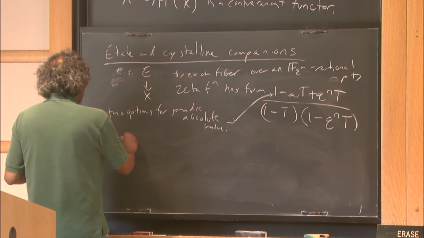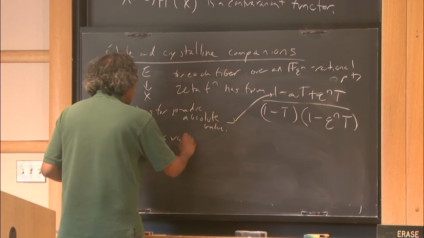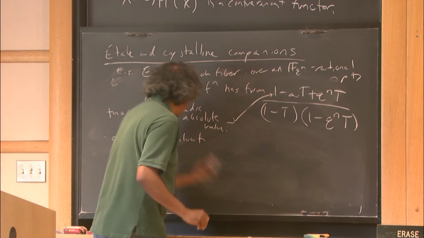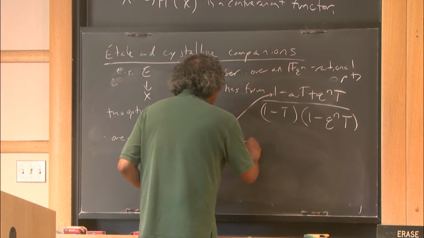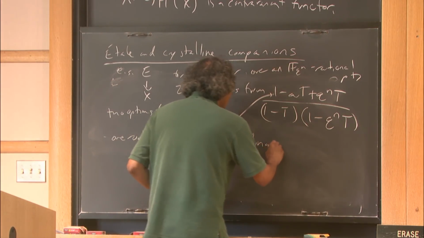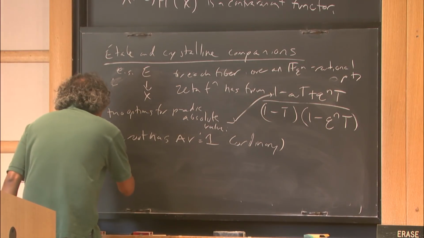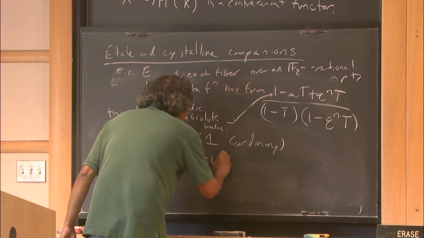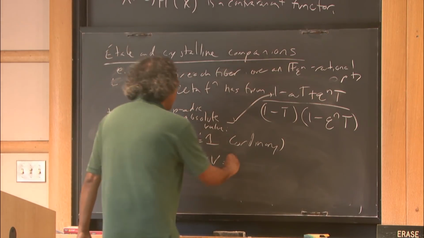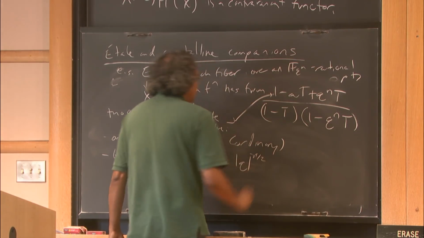One is that one root has absolute value equal to 1. This is what's called the ordinary case. This is somehow the generic situation. And the other possibility is that both roots have the same absolute value, which is the absolute value of q to the power minus n over 2.